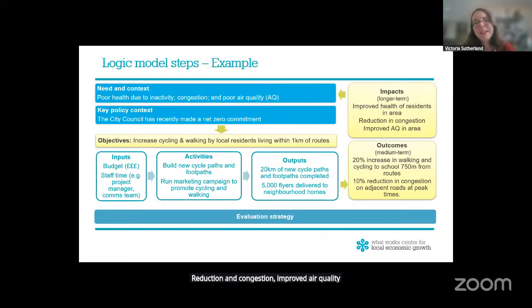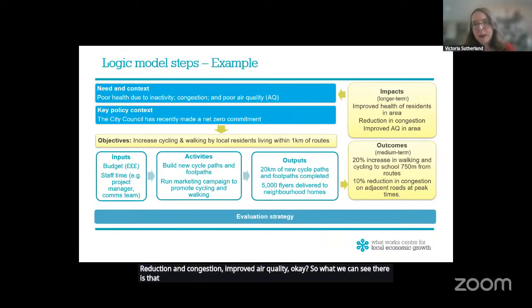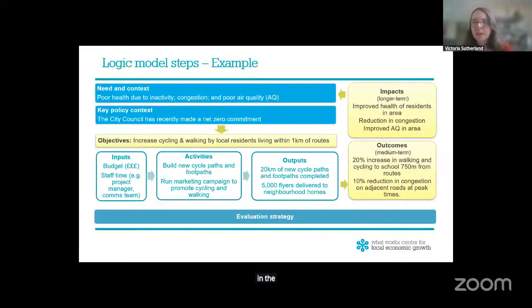What we can see there is that it feeds directly back into the need. If this program does what we think it's going to do, it should play a role in addressing the issues that we have identified in the need and the context.